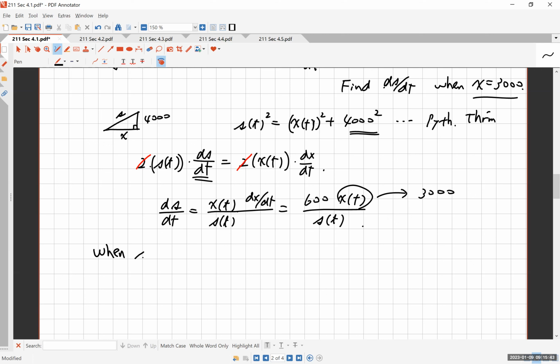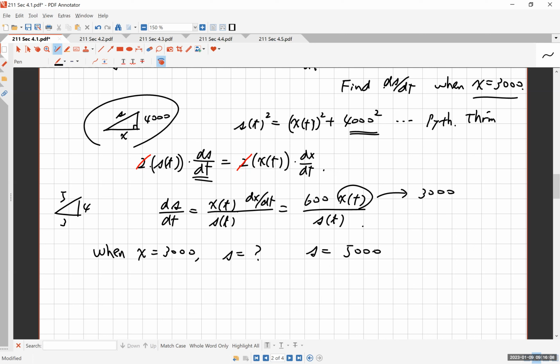When x is 3,000, what is s? That's pretty easy because you have the Pythagorean triple. If this is 3,000 and this is 4,000, then this has to be 5,000.